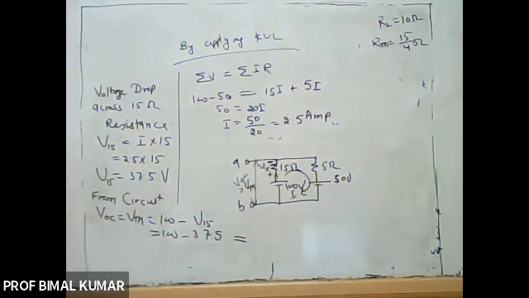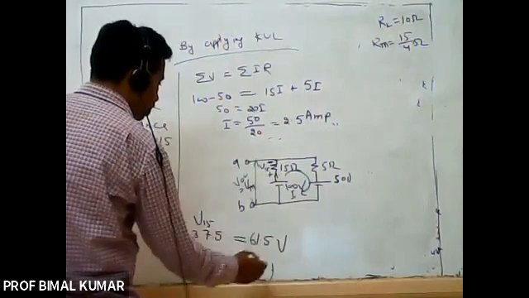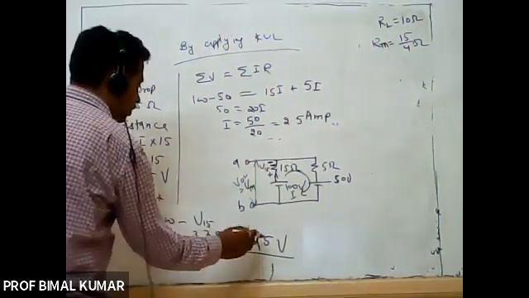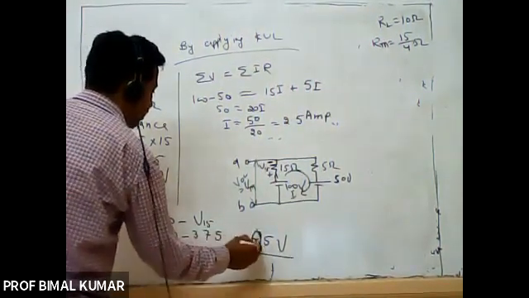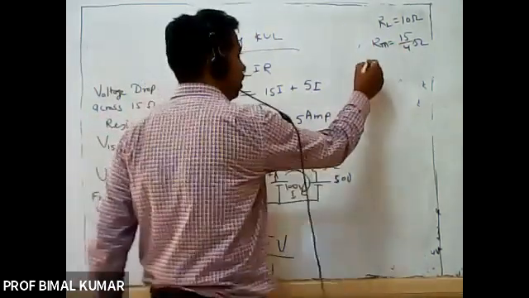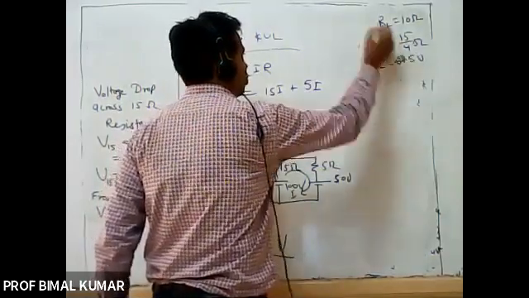I first said 61.5, but I think this is 62.5. Right? 100 minus 37.5 will be 62.5. So VOC will be equal to 62.5 volt. So these are the three values for the Thevenin equivalent circuit.